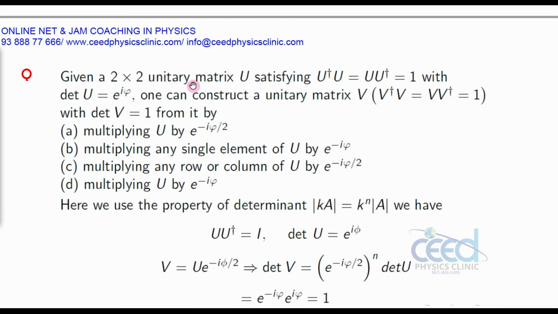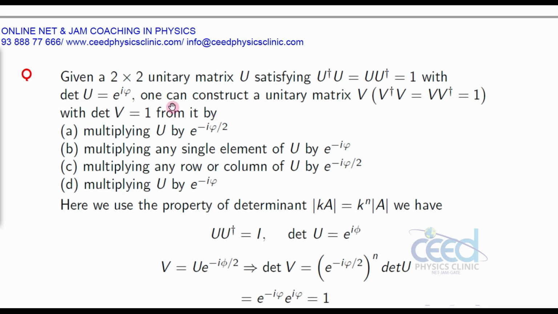Now we have another question. A 2 by 2 unitary matrix U satisfying U dagger U equal to 1, with determinant U equal to e raised to i phi. One can construct a unitary matrix V such that V dagger V is equal to 1 with determinant V equal to 1, from it is given by.